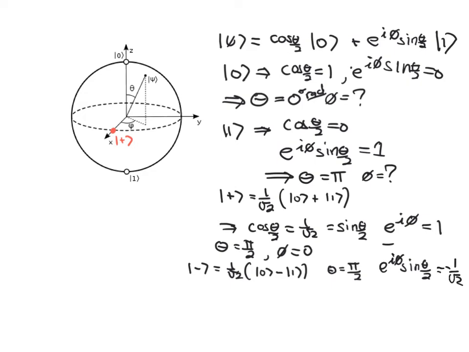So that means that e to the i phi has got to equal minus 1. So if e to the i phi is equal to minus 1, that must mean that phi for the state is equal to pi, because e to the i pi is equal to negative 1. Okay, so the minus state here is located on the equator, 180 degrees diametrically opposed from the plus state.